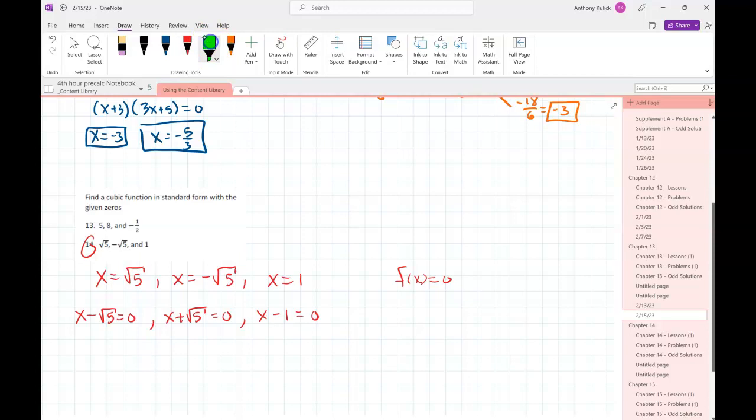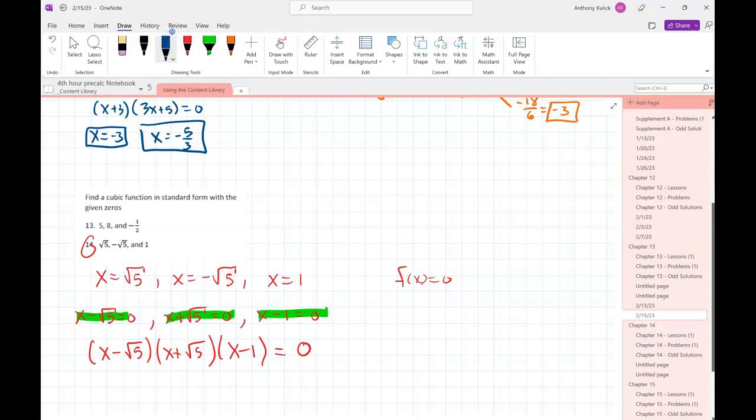Okay. Now I'm going to take each one of these and multiply their left-hand sides together. And I'll multiply their right-hand sides together, which is just going to be 0 times 0 times 0, or 0. So far, so good?